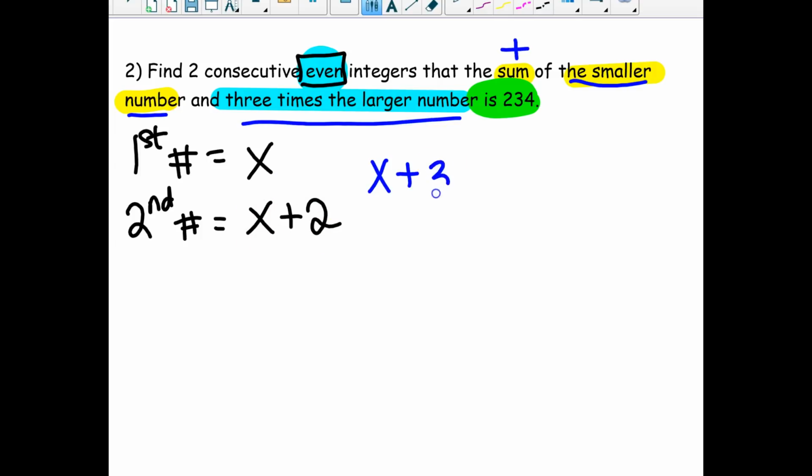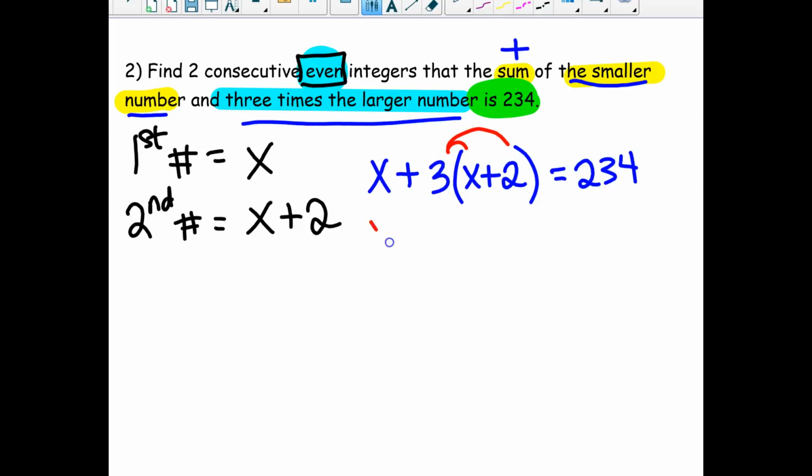So I can show this using the quantity 3 times x plus 2. Now it's very important that you use parentheses here. Now the sum should be equal to 234.